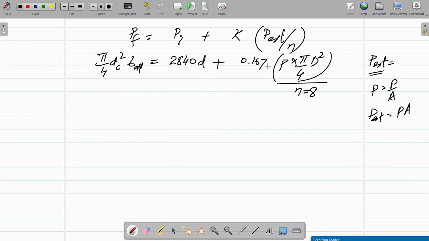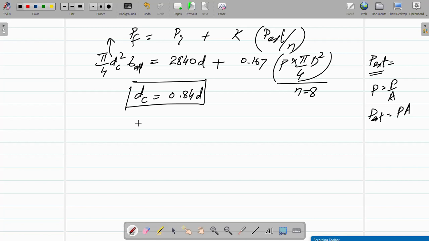Now if you look at the whole problem, the design value is dc, so this is what we have to find. But in one place we have dc, in another we have D. As per standards, dc is roughly 0.84 times D. So either you can replace D by dc or dc by D, it's up to you. If you replace D by dc, the answer will be the core diameter.